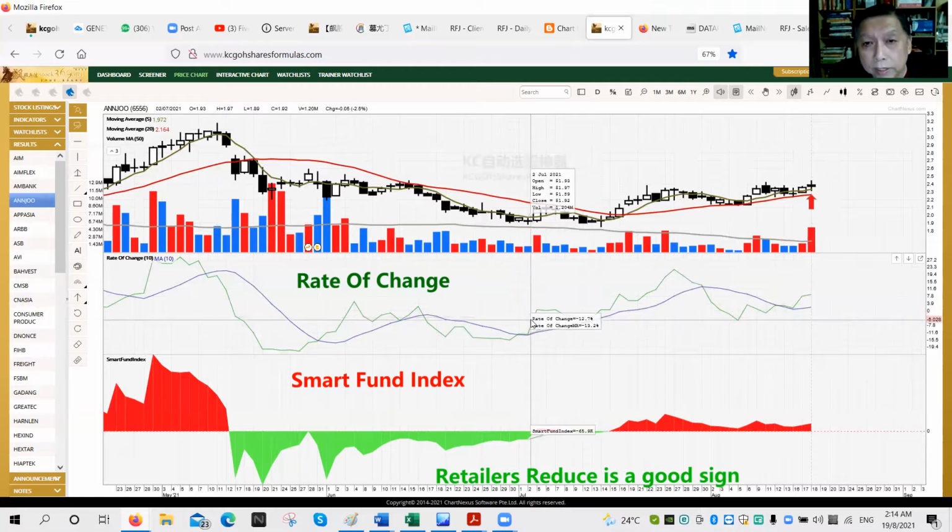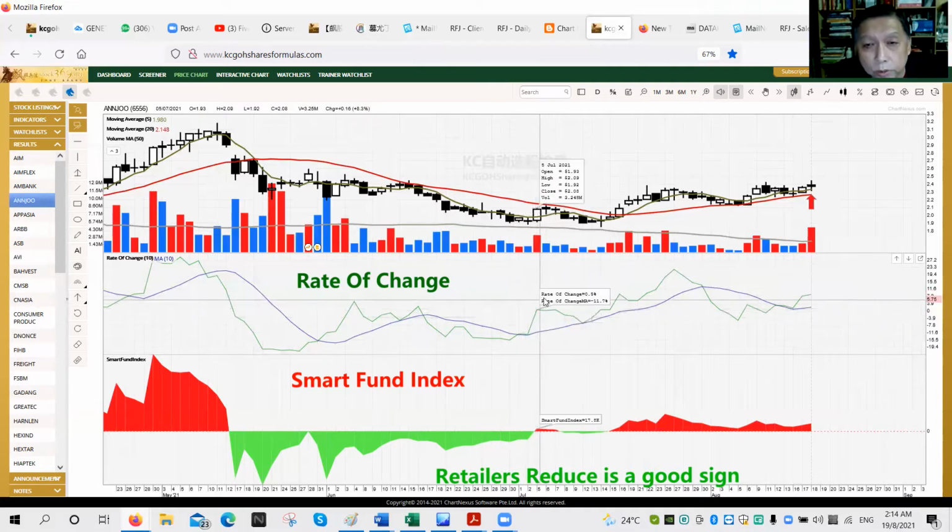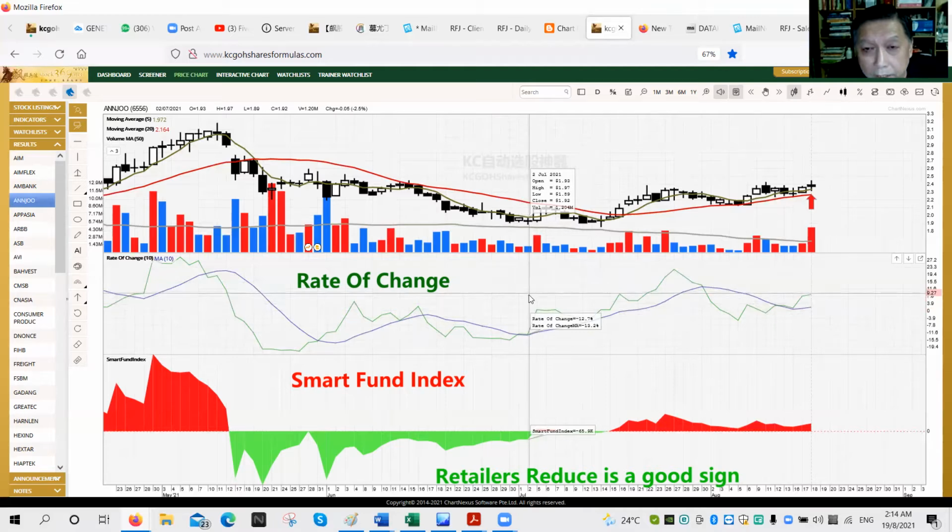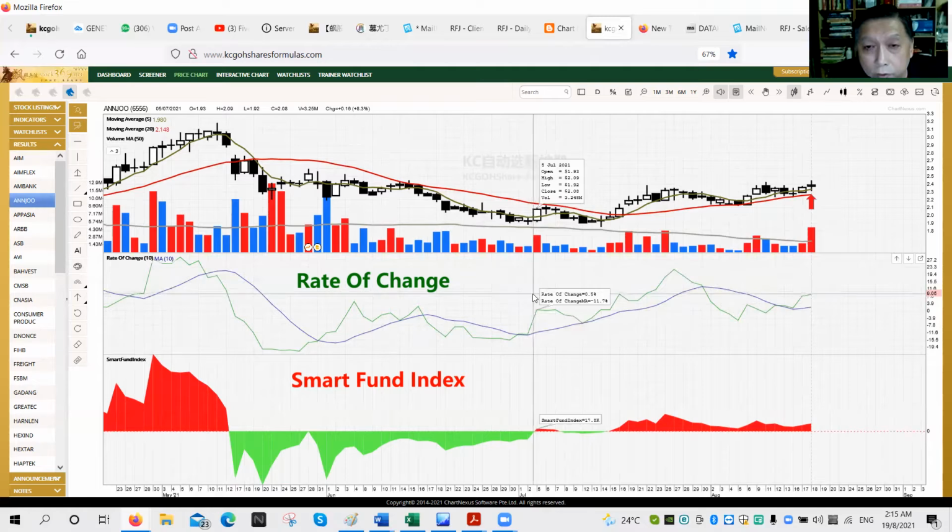After we buy, sometimes it will move down, and that is not important. Important is we buy and hold it, and expect the stock to go up in the short term. Supposing we bought this stock on July 2nd, which is a Friday, so the 3rd and 4th are Saturday and Sunday, and July 5th is a Monday.